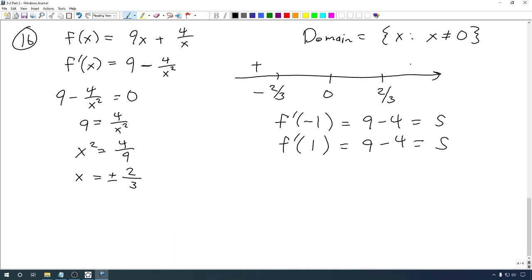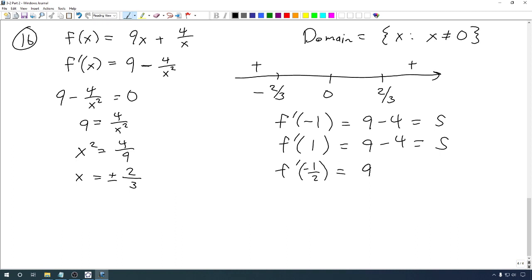So we have a positive derivative before negative 2/3 and after 2/3. From negative 2/3 to 0, the fraction with the lowest denominator there would be a negative 1/2.